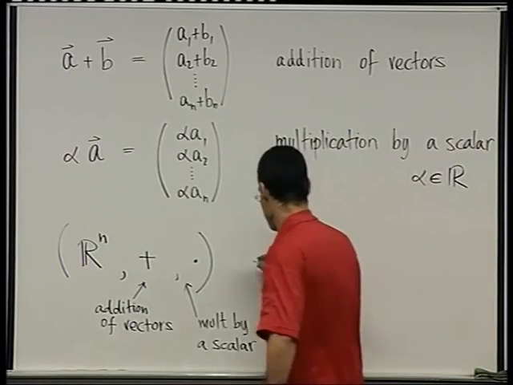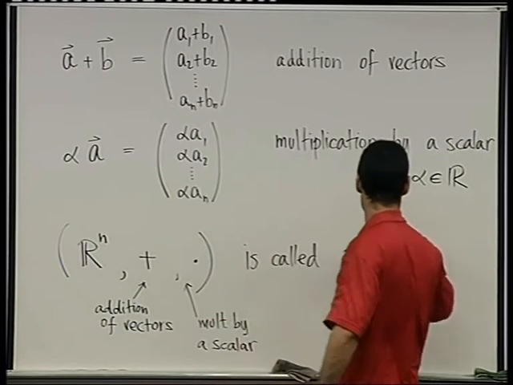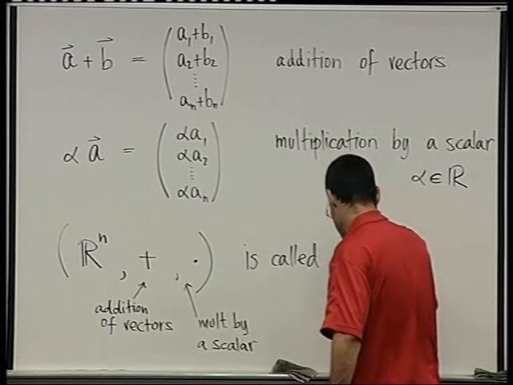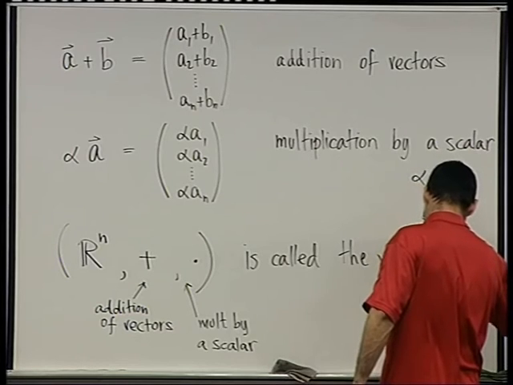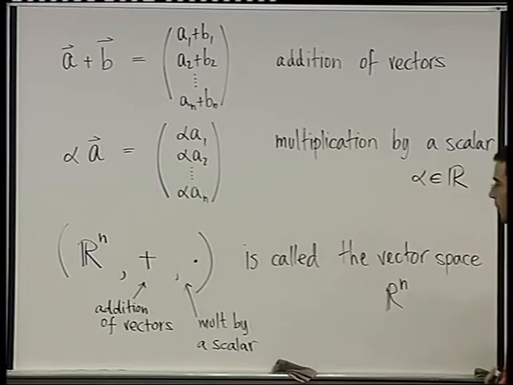This thing is called, no, it's not a field. The field is R. This is called the vector space Rn. That's what it's called, the vector space. It's a space of vectors.